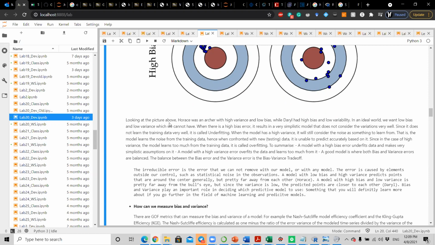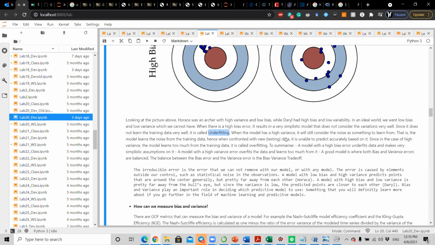okay, let's read this. In an ideal world, we want low bias and low variance, which we cannot have. When there's high bias error, it results in a very simplistic model that does not consider the variations very well. Since it does not learn the training data very well, it is called underfitting. For those of you who are going to be more involved with machine learning in the future, underfitting and overfitting terminology are going to become extremely common.